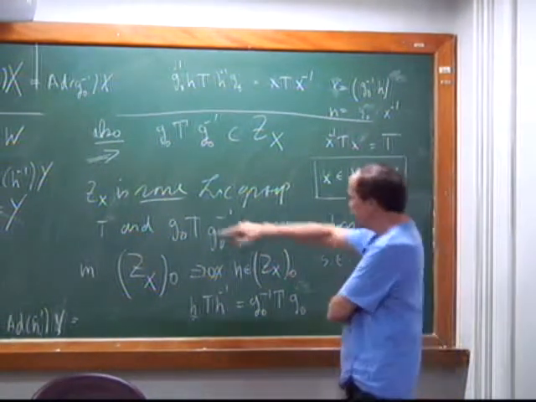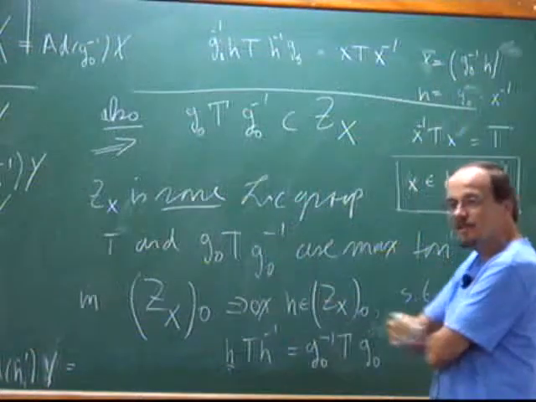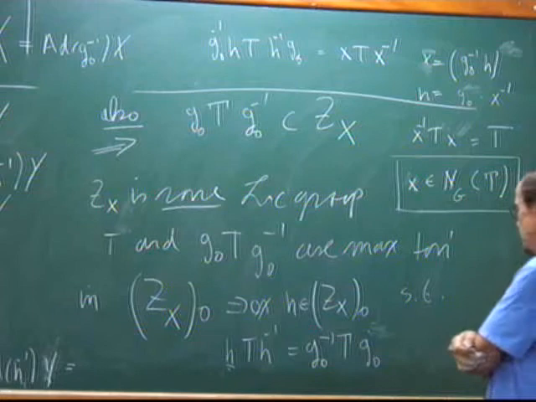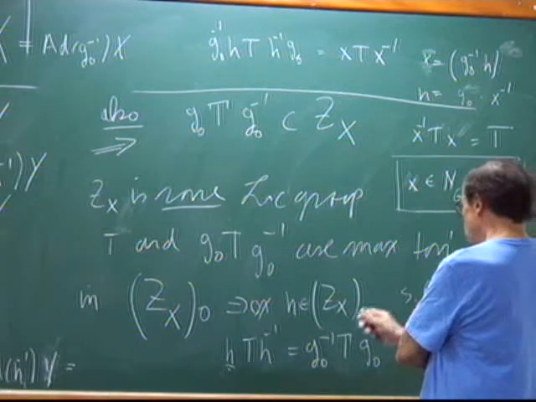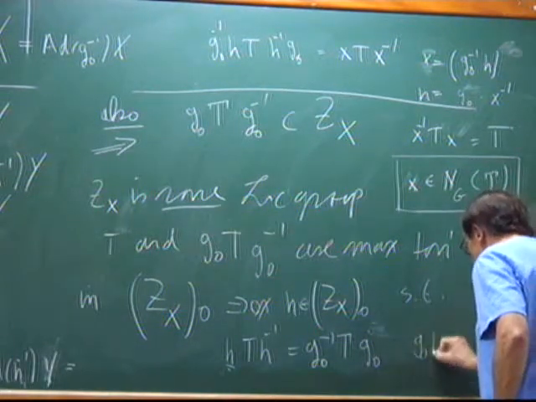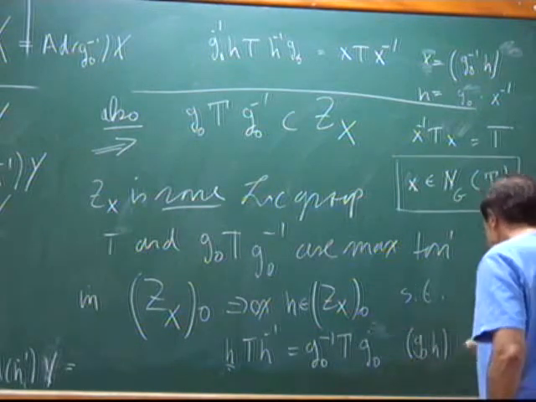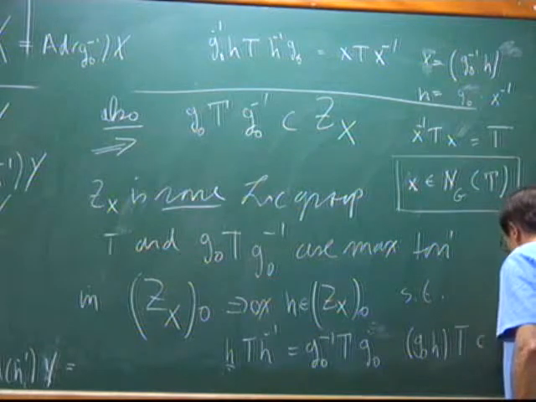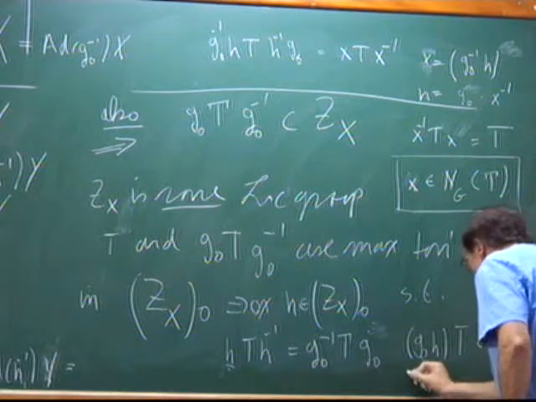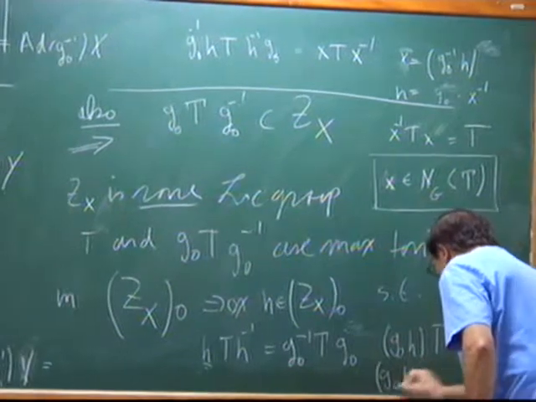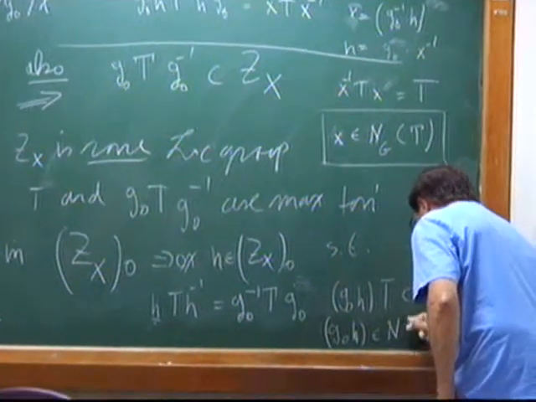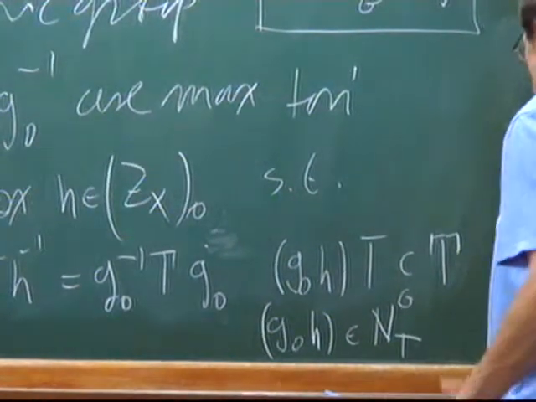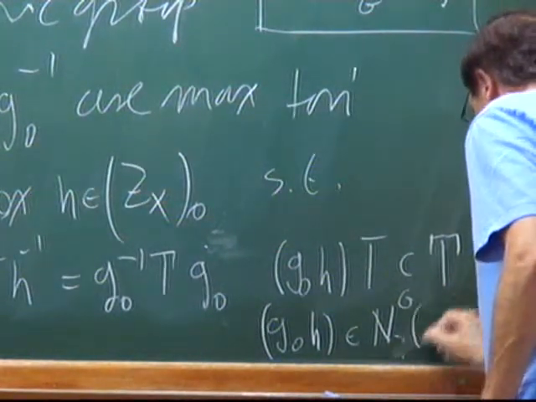So I could also say G0 inverse T, G0 lies in a normalizer. So then, what lies in the centralizer, bring G on the right, so then G0H centralizes T, takes T to T. So G0H lies in the normalizer of T inside G. How do we write like this, right?